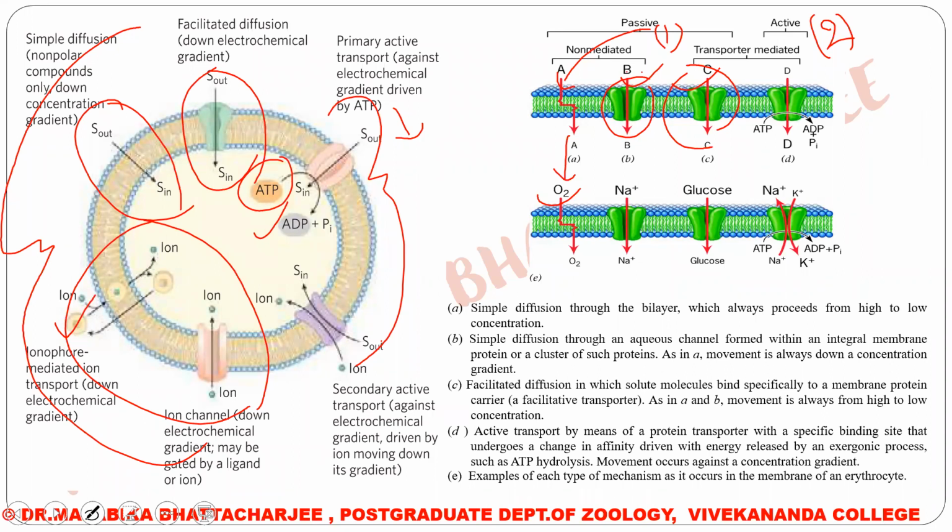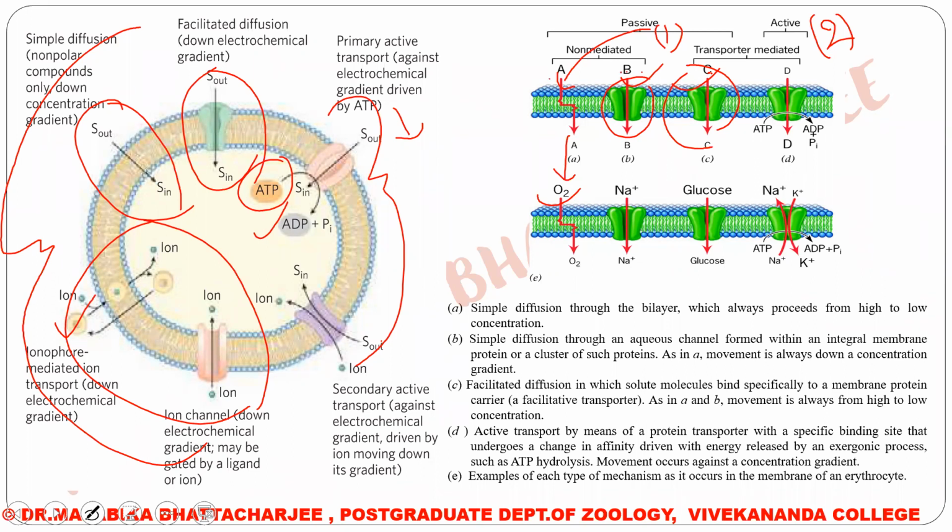So in case of A, B, and C, we are seeing the movement of particles from a higher concentration outside to a lower concentration inside. For A, no help is required. For B, a channel is required, so it's being helped. And for C, a transporter is required.